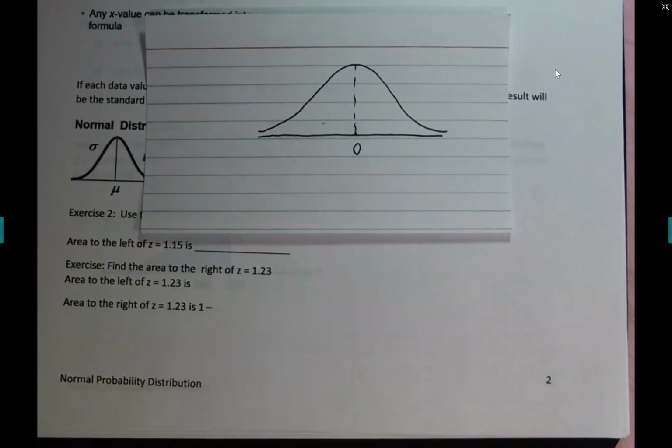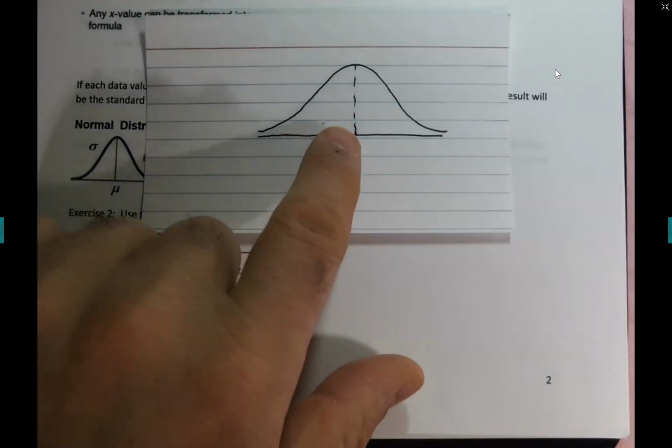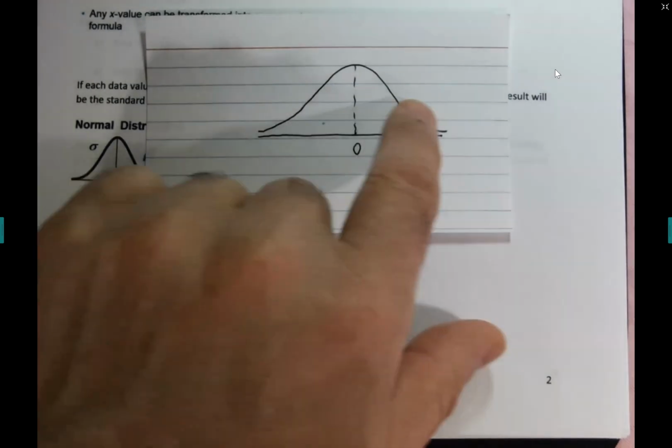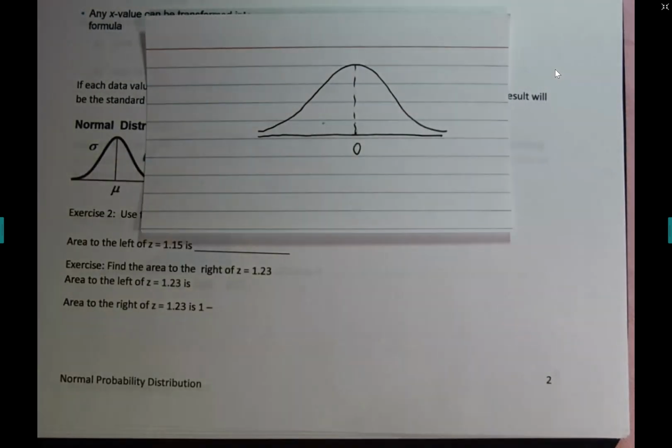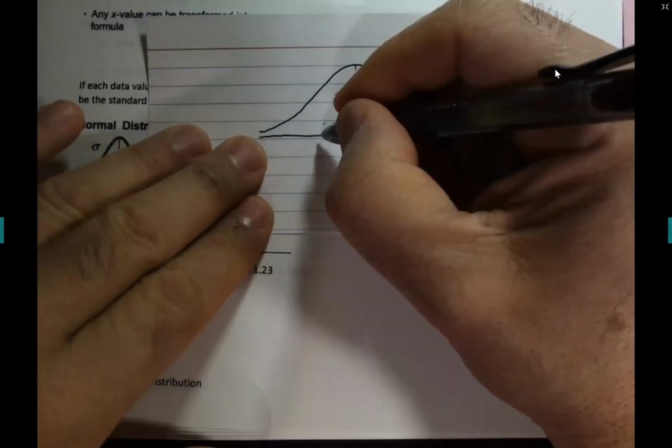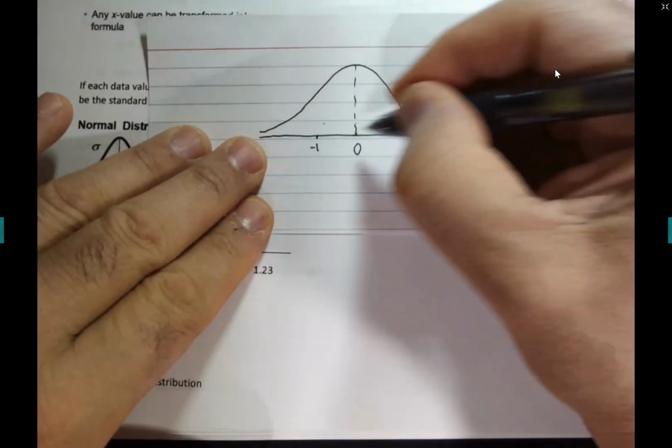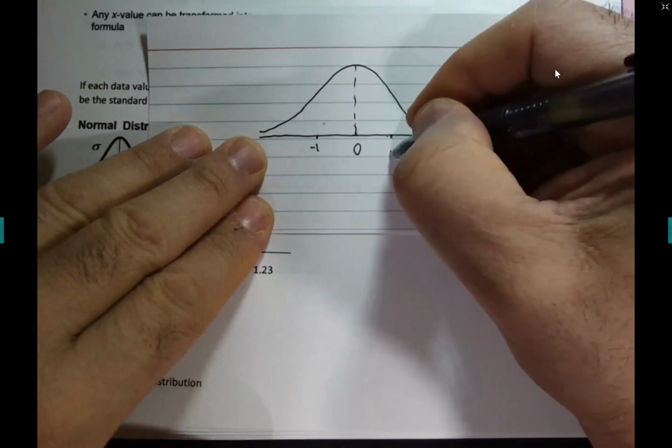Remember, guys, when I say area, it's a probability. So what's the chance? What's the percent? What's the proportion? It's all the same thing. It is a probability. And you would agree with me if I tell you the area to the right of 0 is also 50%. And actually, guys, there's something that you learned in chapter 2, and you know the answer already if you still remember it.